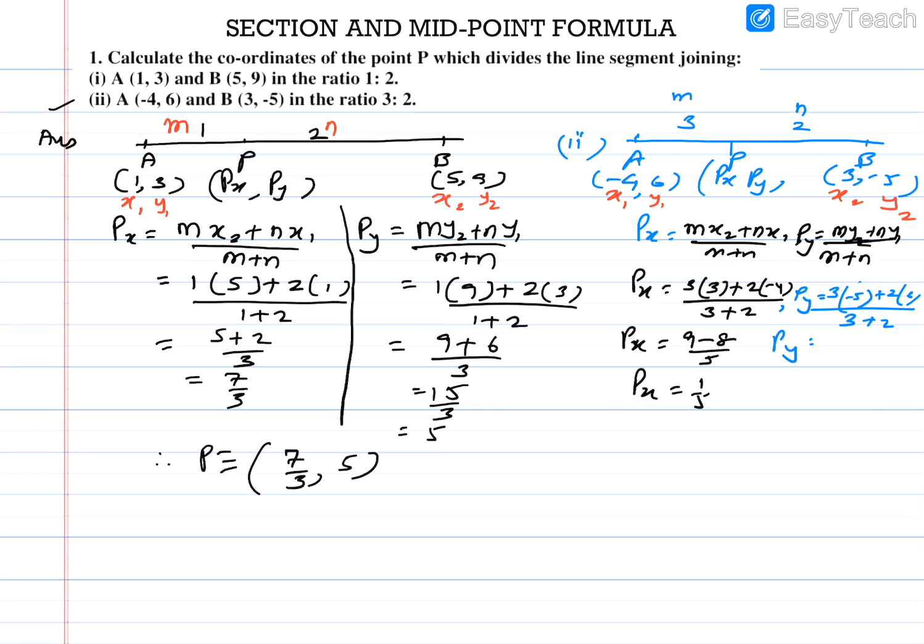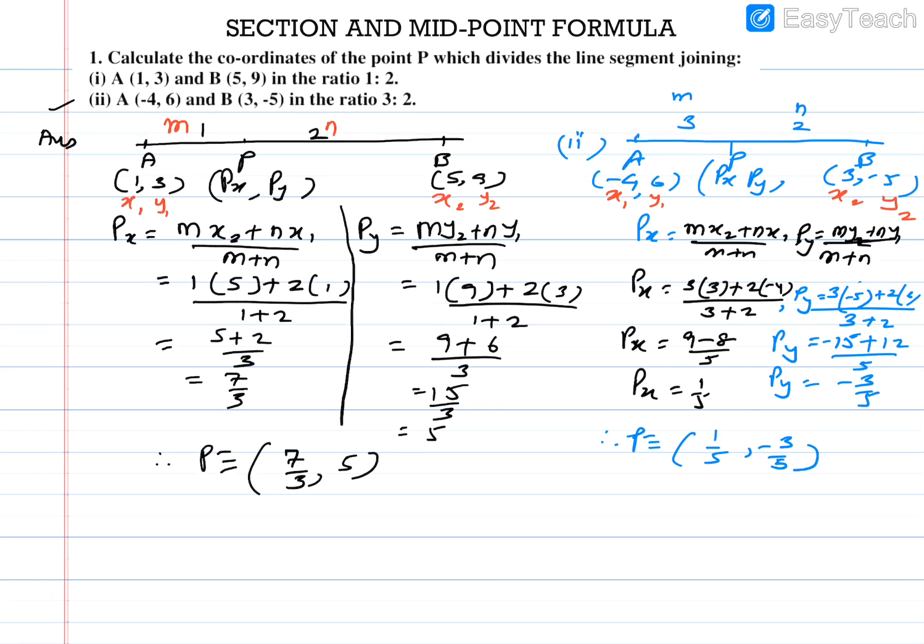Solve this, you will get minus 15 plus 12 upon 5. Py will be equals to minus 3 upon 5. Therefore coordinates of P will be 1 upon 5 and minus 3 upon 5.